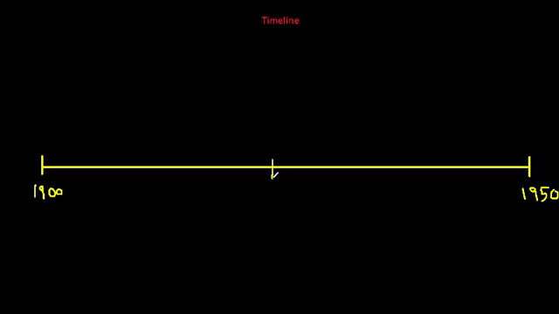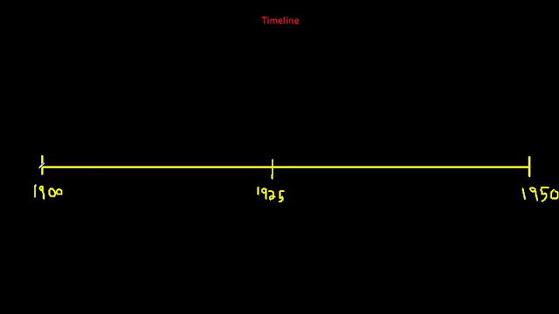Well, if we're starting at the year 1900, and it ends at the year 1950, what is the center line going to be? You should be able to figure this out quite easily. It's 1925, right? That's the halfway point.